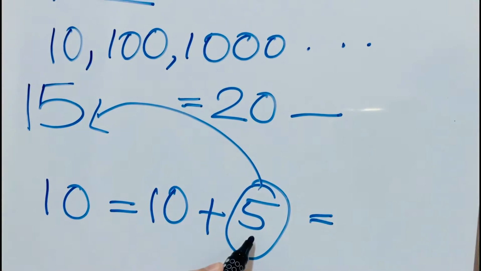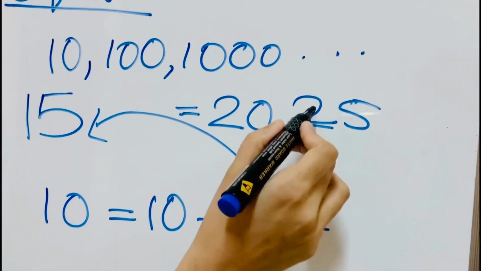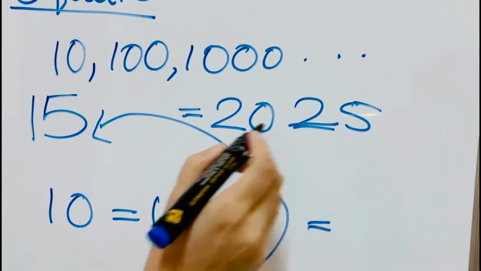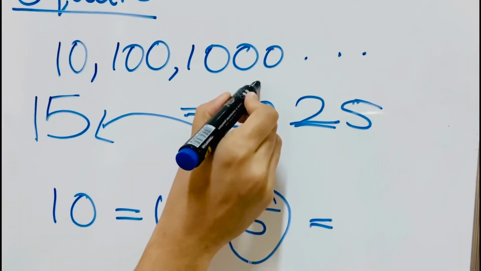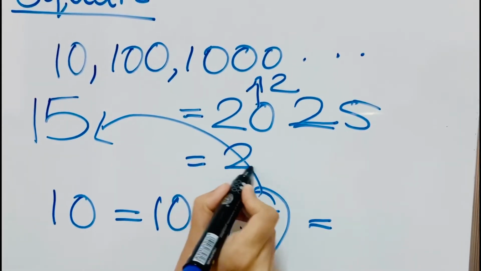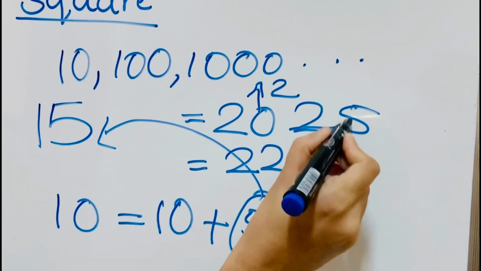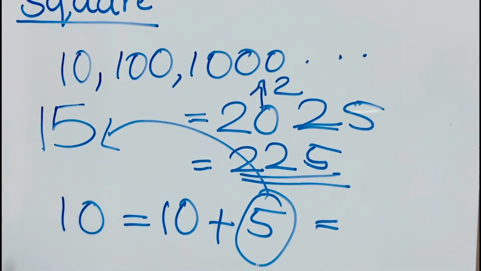Take 5 square, that is 25. But here we need only one number, so we add this 2 to this number. 20 plus 2 is 22, and our last number is 5. 225 is the square of 15.